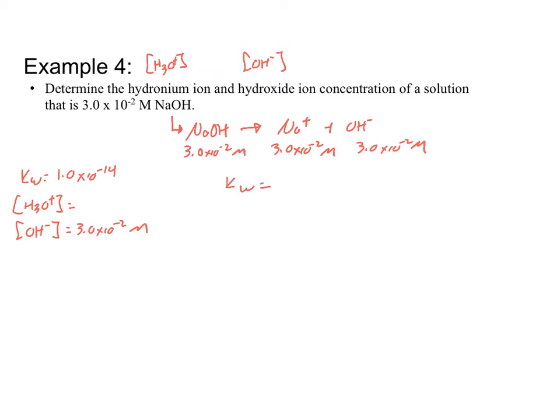So Kw is equal to the concentration of H3O plus times the concentration of OH minus. I get a value for H3O plus to be somewhere around 3.3 times 10 to the minus 13.